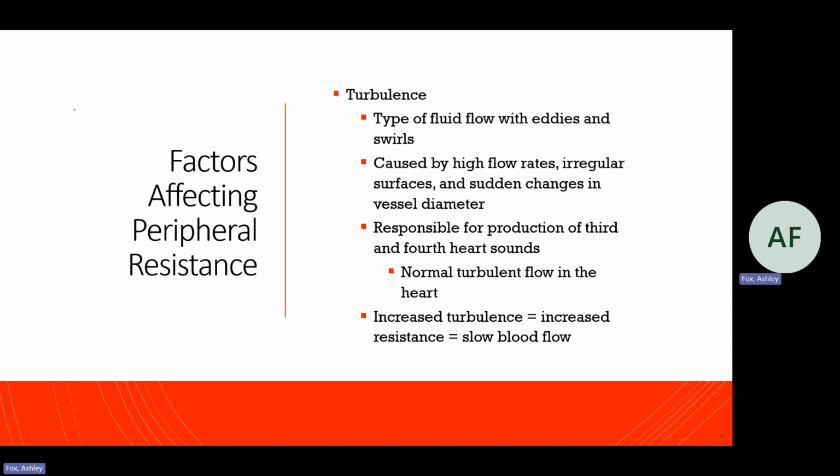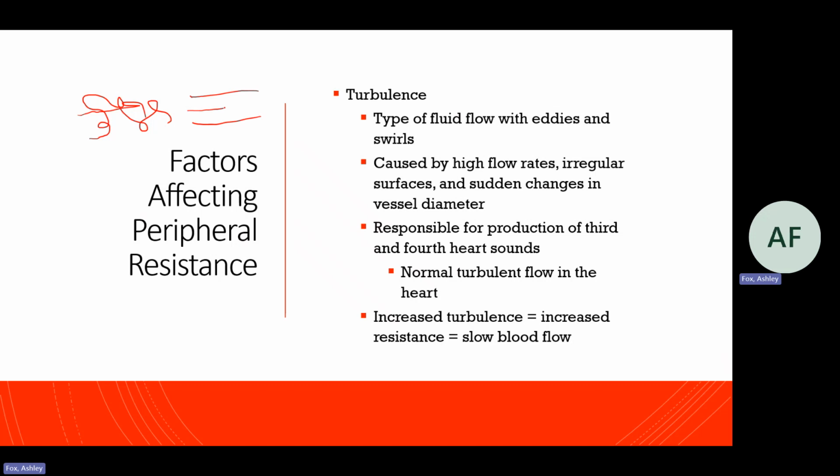Air or some sort of liquid doesn't always go in a straight line. If it hits a wall or something happens, it's going to swirl up here and then swirl down here and move around. So the more swirling, the more resistance to flow, or slower flow, that you're going to have.